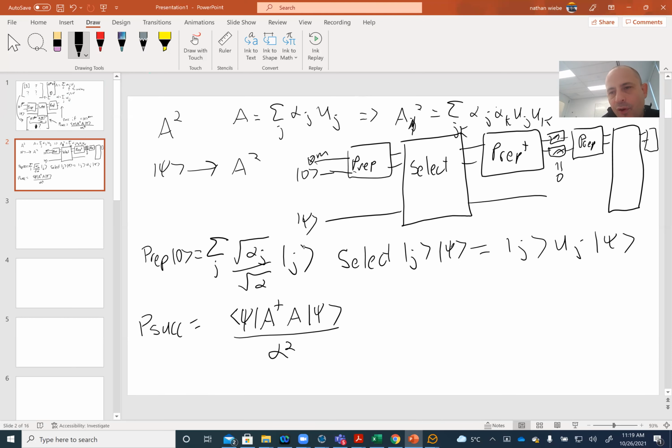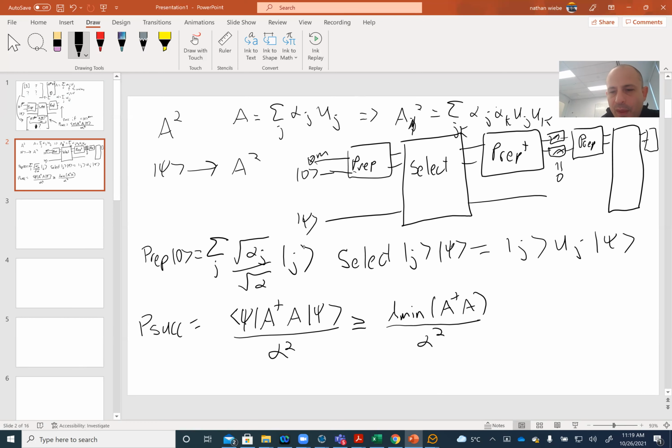And so this over here, we could actually lower bound by saying that this is greater than or equal to the minimum eigenvalue of A dagger A divided by alpha squared.